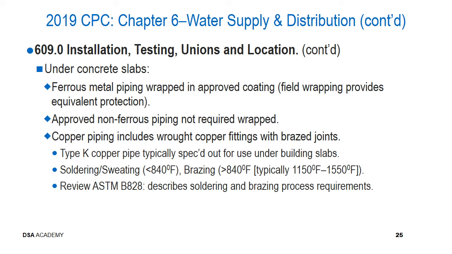So depending on what the joints look like, when the piping is installed under the slab, whatever protective coating is adhered to the pipe itself has also got to be continuous after the connections are made. Obviously, approved non-ferrous piping is not required to be wrapped. Copper piping has got to include wrought copper fittings with brazed joints.